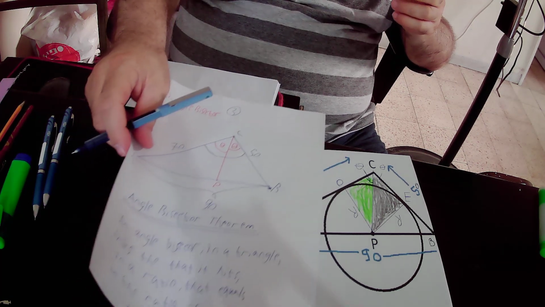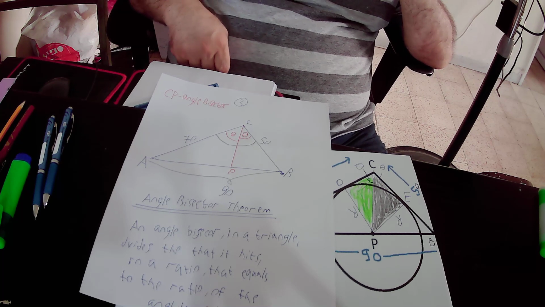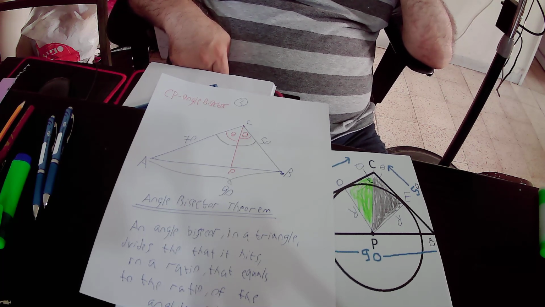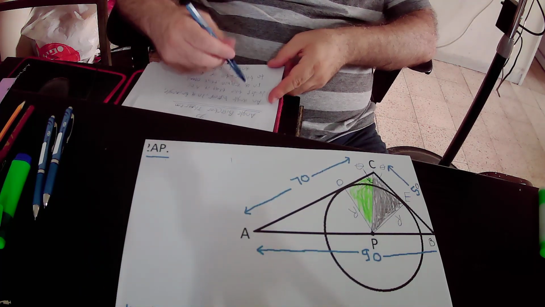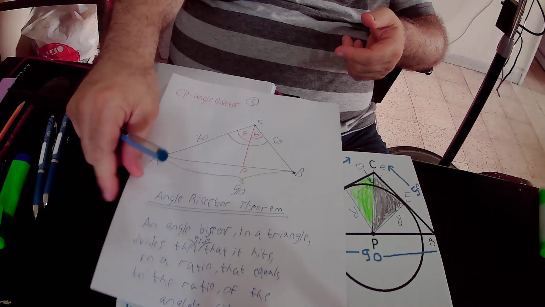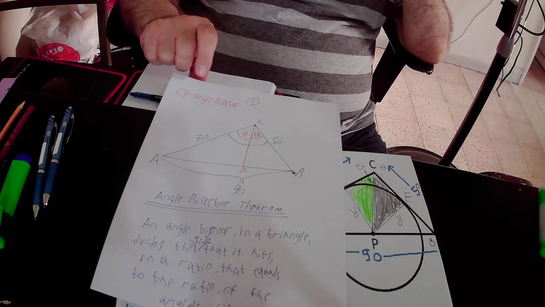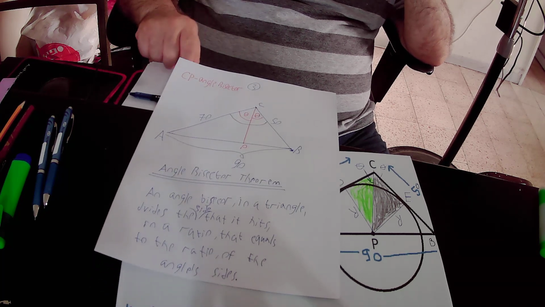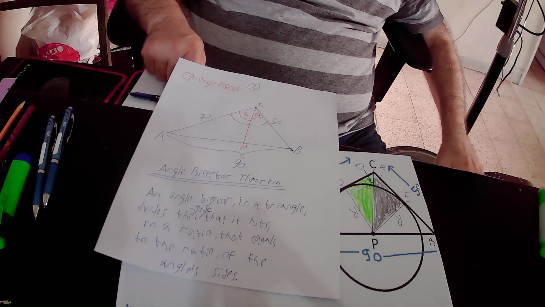I will read it again and then I will explain it in detail. An angle bisector in a triangle divides the side that it hits in a ratio that equals the ratio of the angle's sides. Now I will explain the theorem in detail.